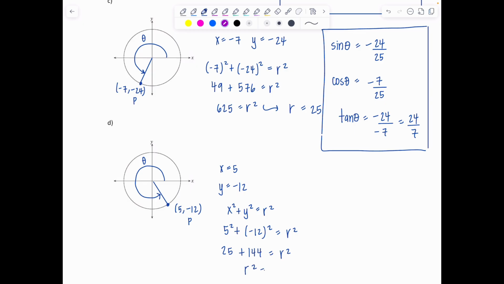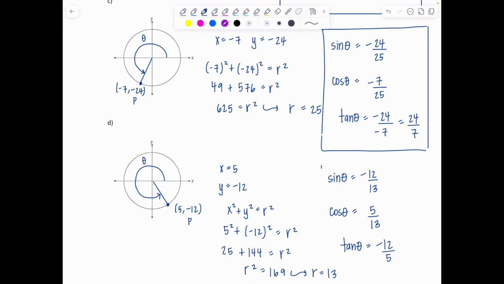So r squared is 169. Yep, r is 13. So sine of theta is going to be y over r, so negative 12 over 13. Cosine theta is going to be x over r, so 5 over 13. And then tangent of theta is y over x, so that's going to be negative 12 over 5.